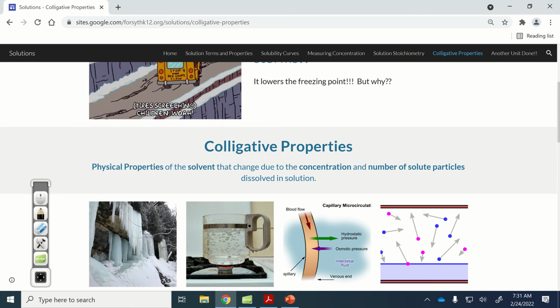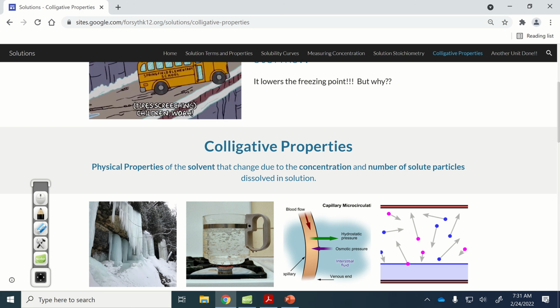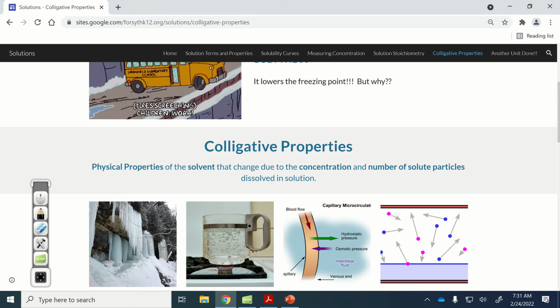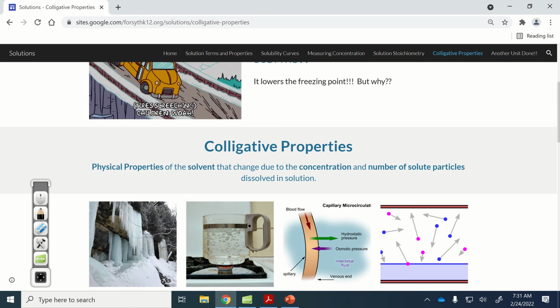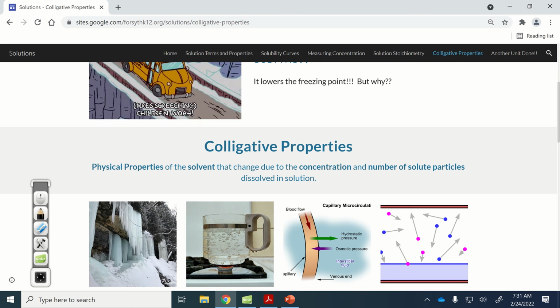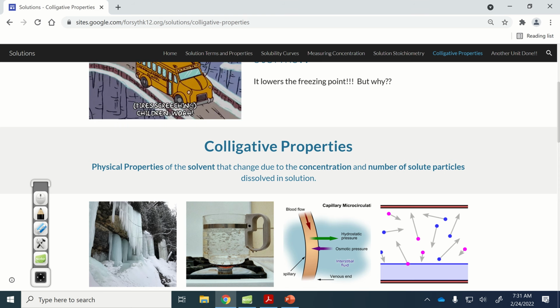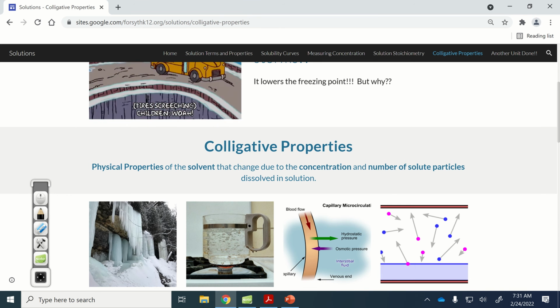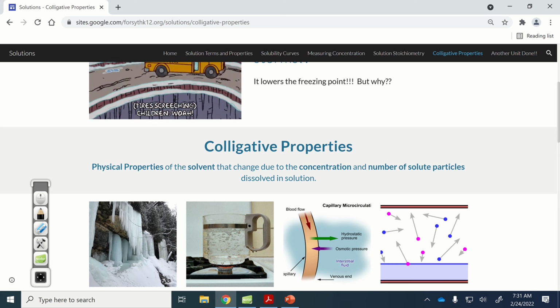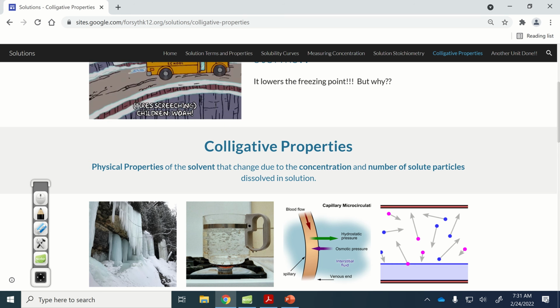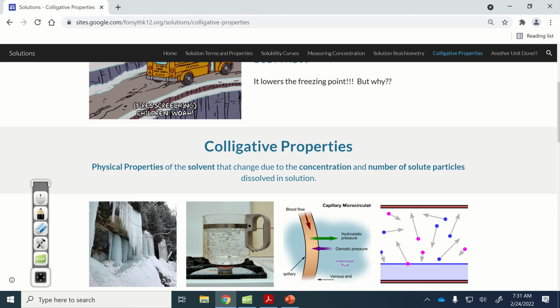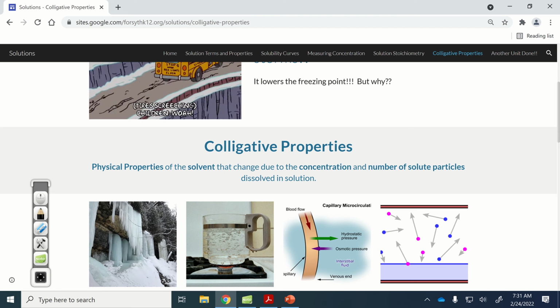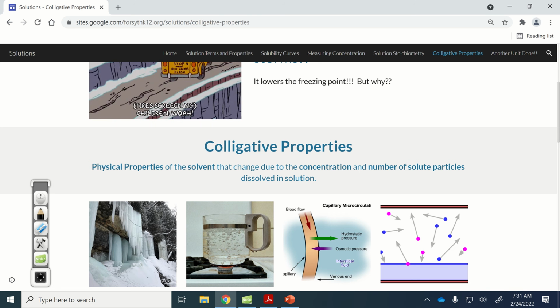Obviously the type of solute will have some effect on it, but we are only changing the physical property of the solvent based on the concentration and the number of solute particles that will get dissolved. And there are 4 properties that are affected by this that we will go over. 2 that we will actually do some calculations with, 2 that I just want to mention about them and why they would happen that way.